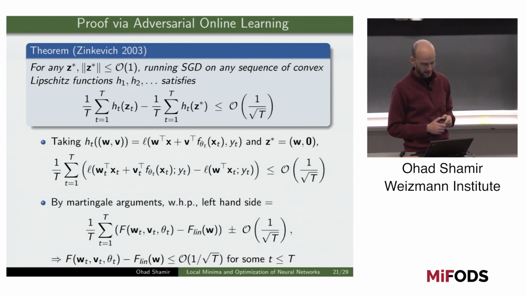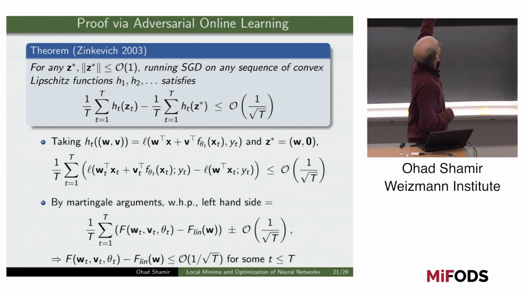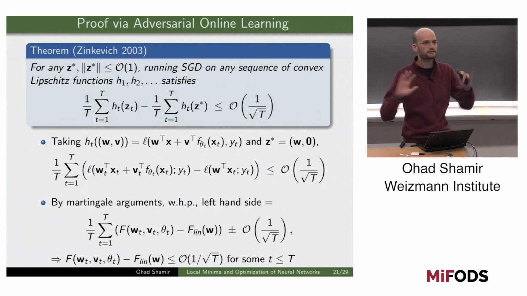So it's going to be, for each t, the objective function with respect to wt, vt, and theta t, minus the expectation here over xt, yt, and that's just the objective for the linear predictor w. So overall, I get that an average of these suboptimalities is at most 1 over square root of t. Hence, there must be some iteration where the suboptimality is less than 1 over square root of t. OK, that's the entire proof.